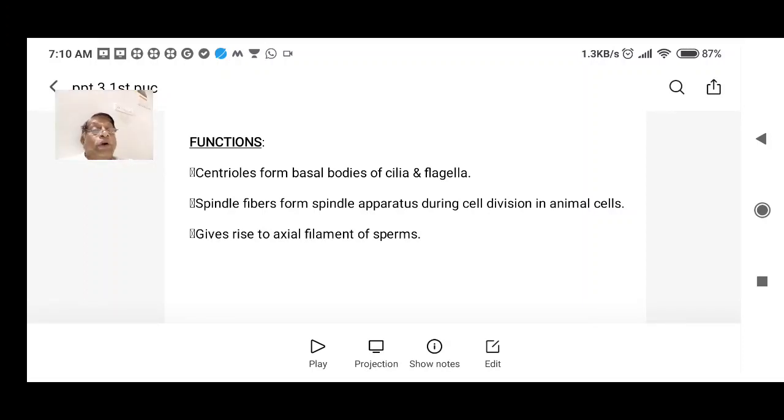Next, another important function, spindle fibers form spindle apparatus. Spindle apparatus is formed during cell division in animals. Then it also gives rise to axial filament of sperms. So sperm has an axial filament. Okay.